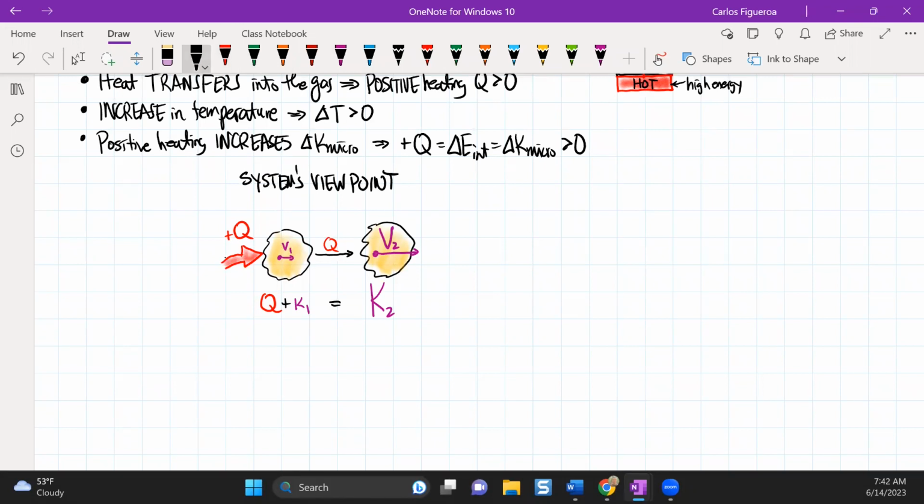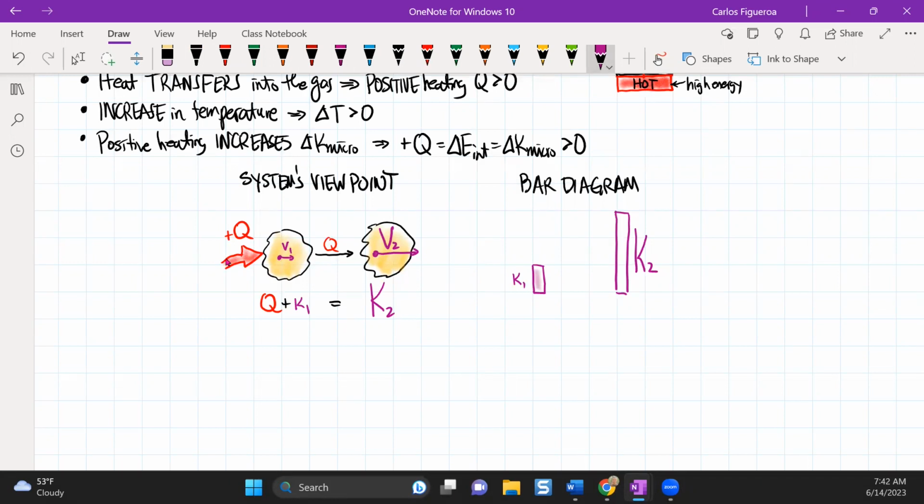The bar diagram is where it really comes out clear. If I look at a bar diagram, I see that I have some amount of microkinetic energy, and I just increased my microkinetic energy to a higher value.